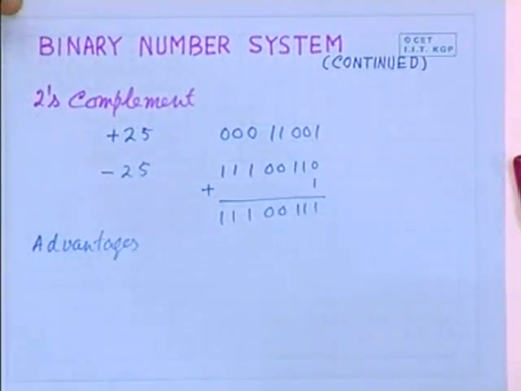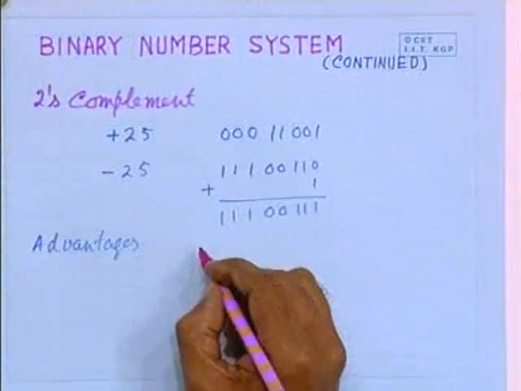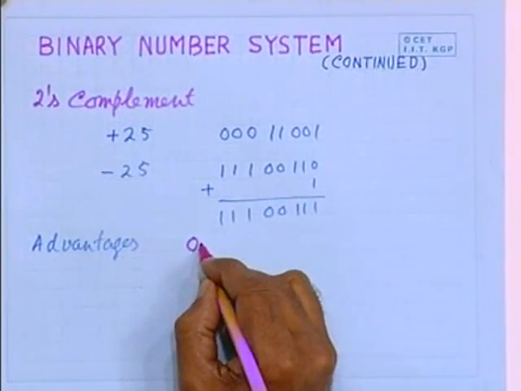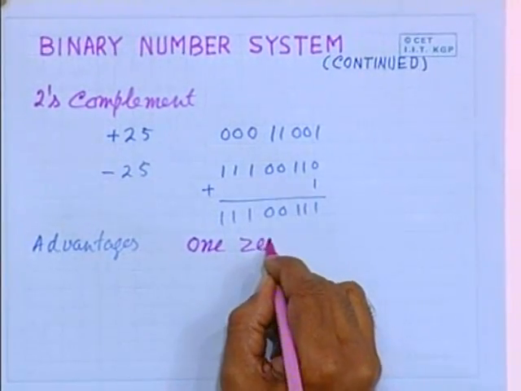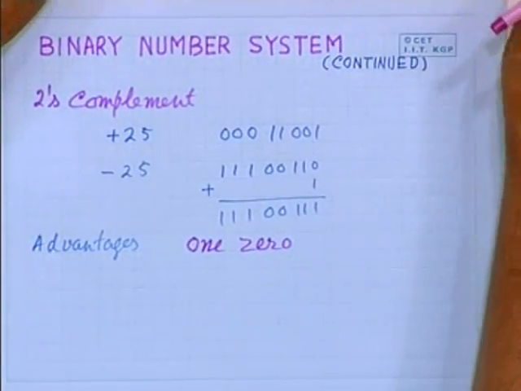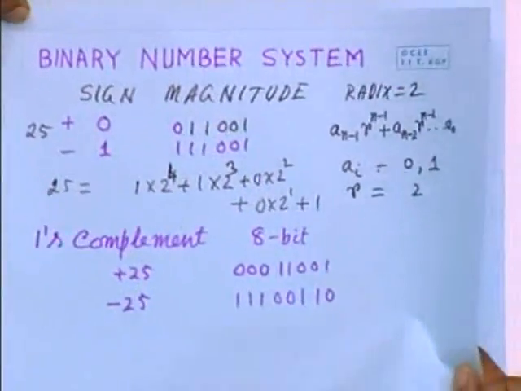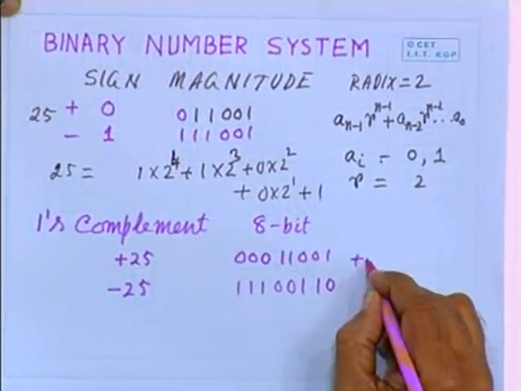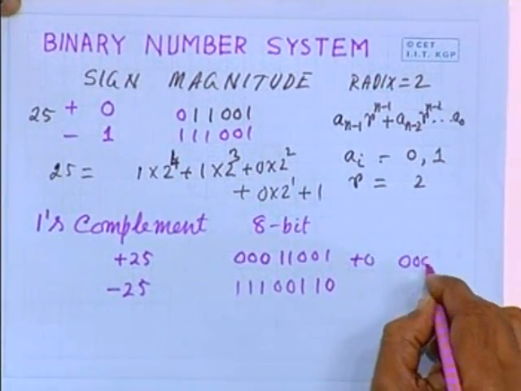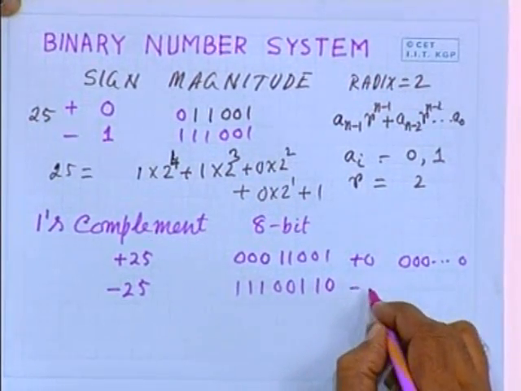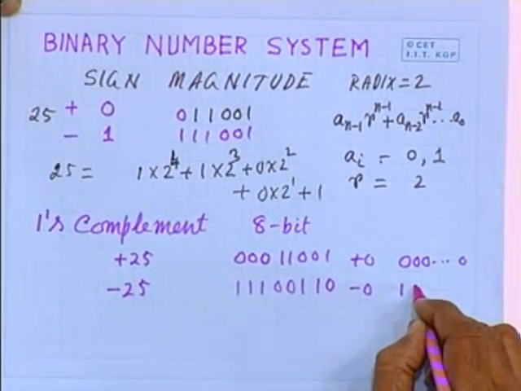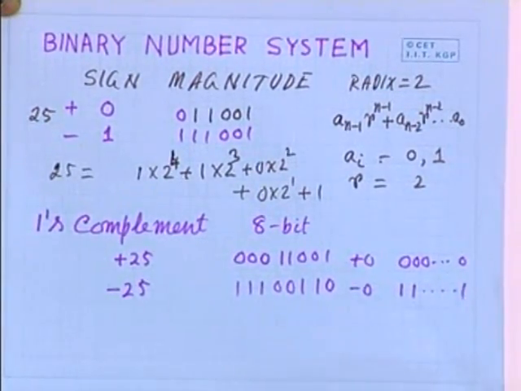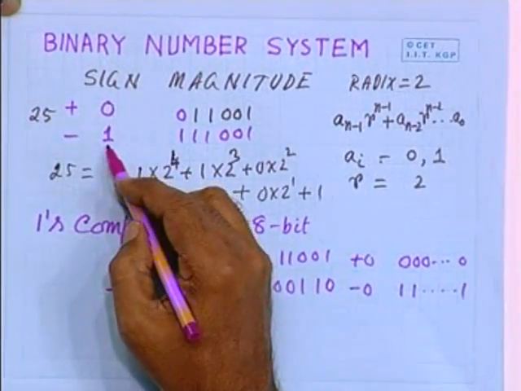What are the different advantages 2's complement number system provides? First of all, it has only one 0. In case of 1's complement number system, it has got 2 zeros. For example, positive 0 is all 0 and negative 0 is all 1. So it has got two zeros, and sign magnitude form also has got 2 zeros.